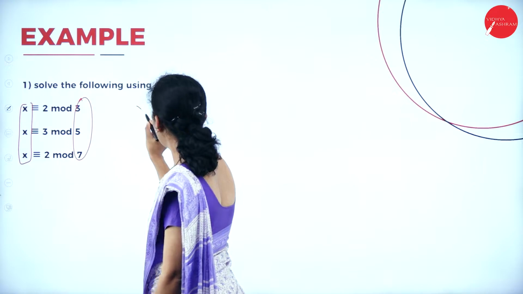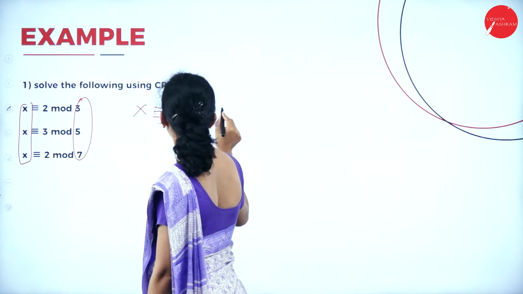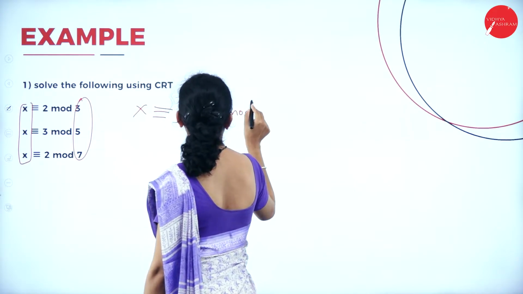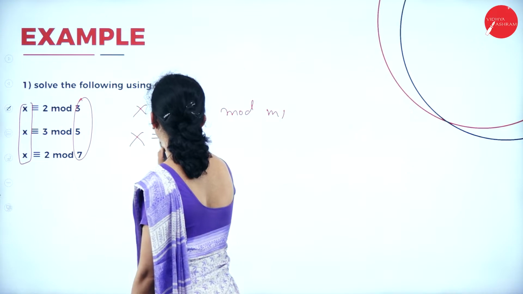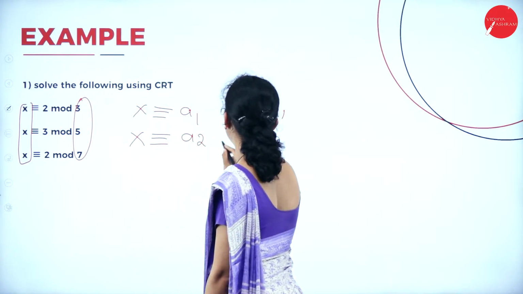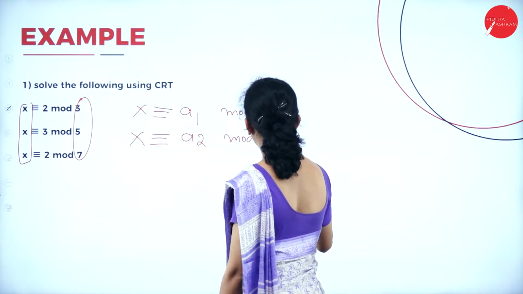So, x congruent to A1 mod M1. x congruent to A2 mod, small letter M2.